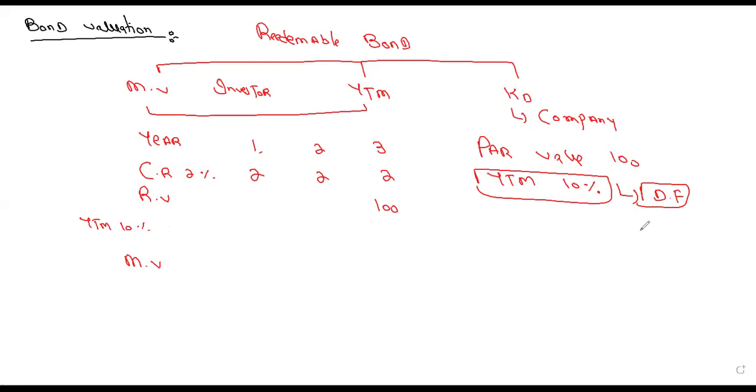If you will put the discount factor formula, 1 plus R raised to power minus N. So as the R is 10%, your 1.1 raised to power minus 1 will give you 0.909. Then for year 2, 0.826 and 0.751. So guys, can you tell me what will be the values? Hurry up. 2 multiplied by 0.909.